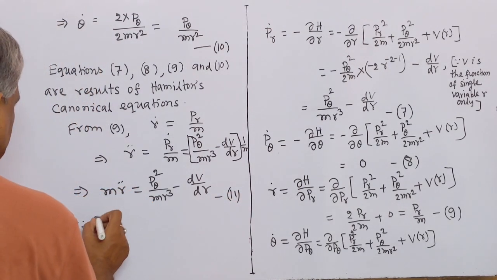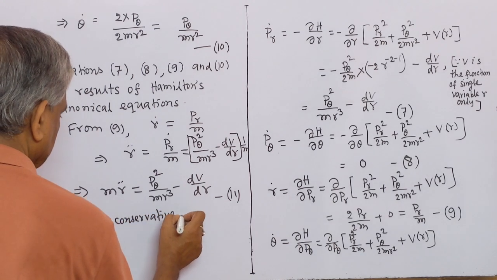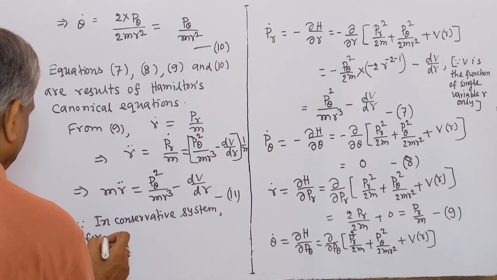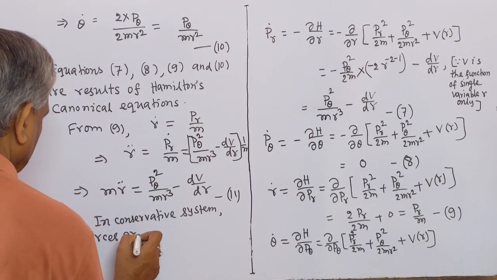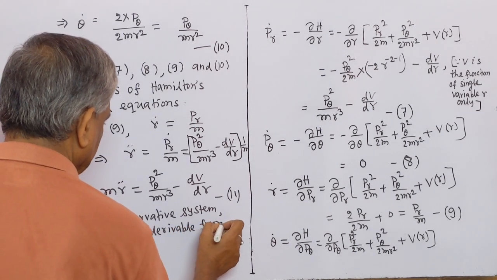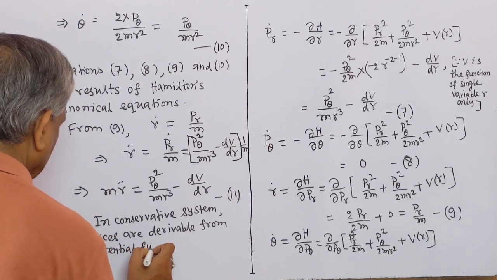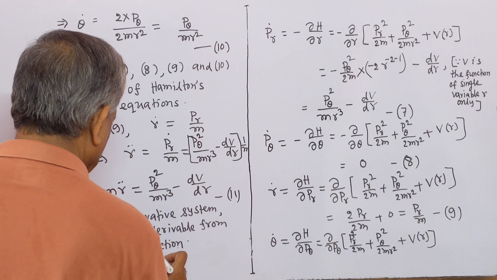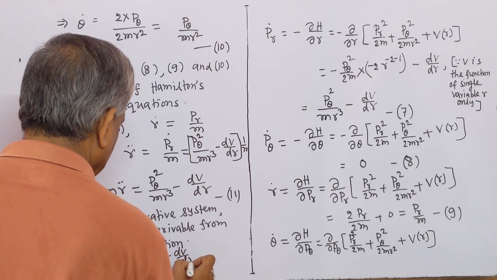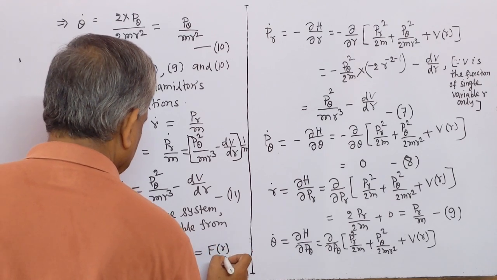Since in a conservative system forces are derivable from potential function, therefore minus dV by dr equal to Fr, force.